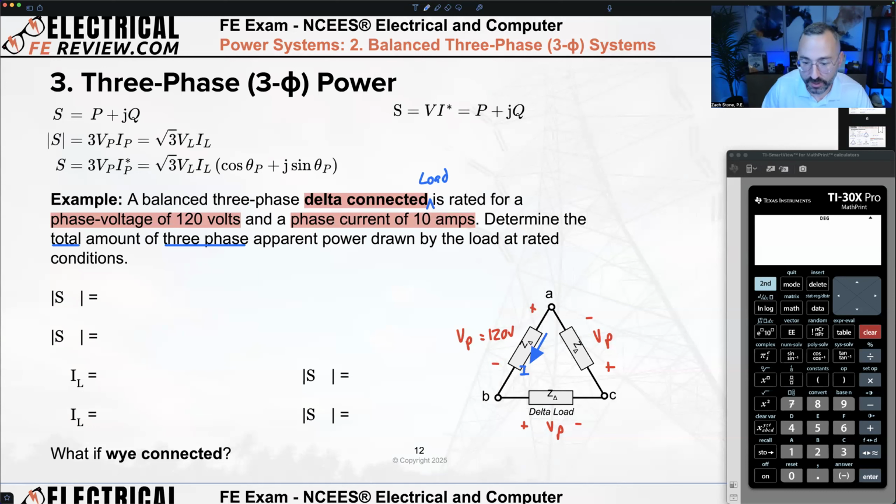Here's the phase current of 10 amps from A to B, phase current of 10 amps from B to C, phase current of 10 amps from C to A.